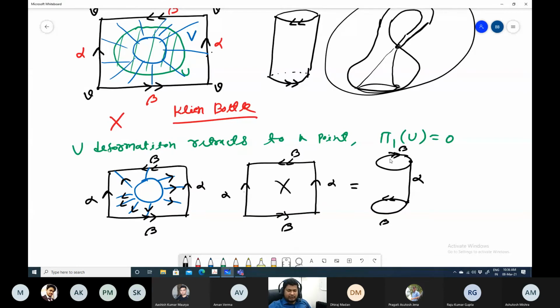Which part is not clear? Sir, the B part. Now you have a hole and it is a deformation retract to this. Is it not clear? This to this. This is a deformation retract, because these points are going in these directions. But this is a circle and that is a rectangle or square.